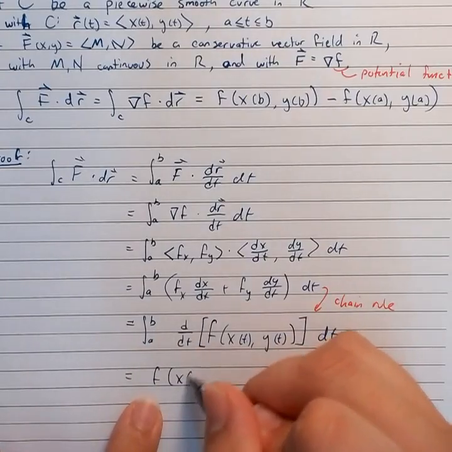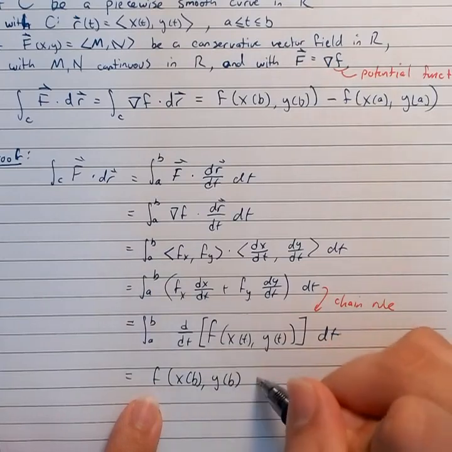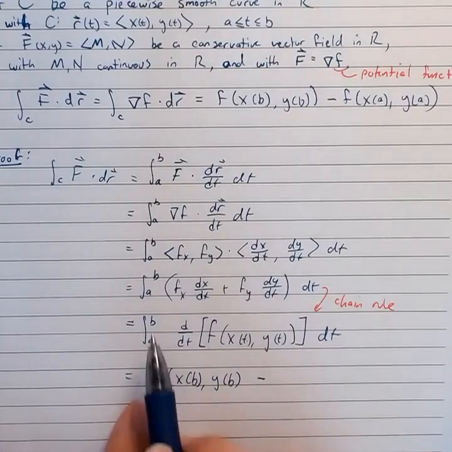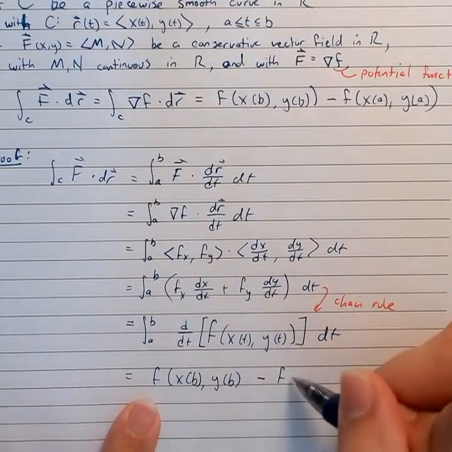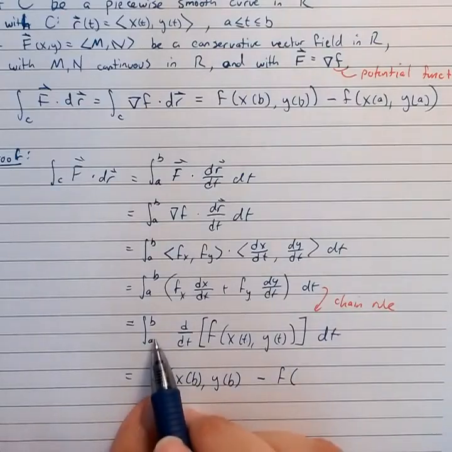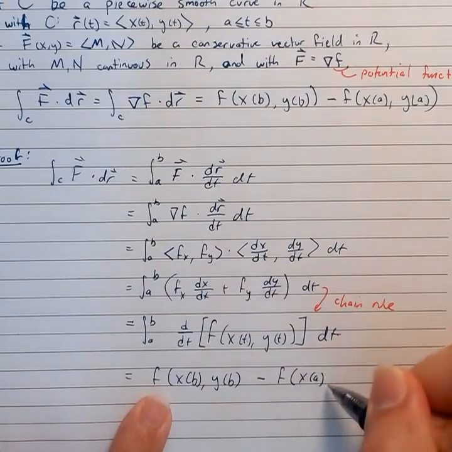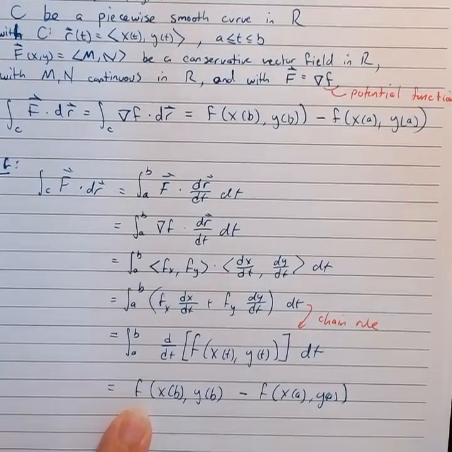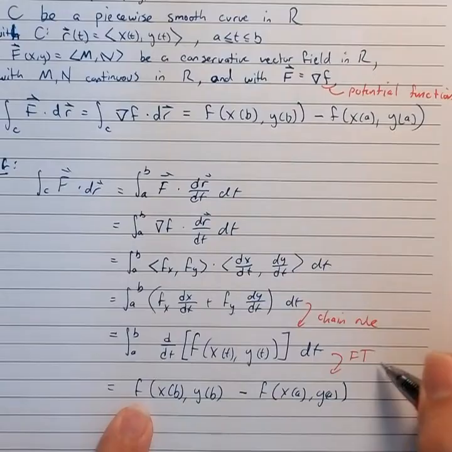So f of x of b comma y of b minus, and again, the antiderivative of the derivative of my function, that's going to be f of x at a, y at a.